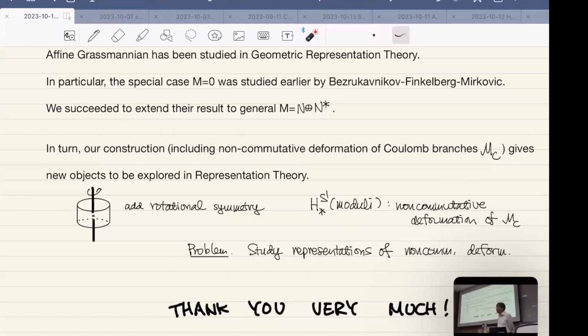So it seems that we really get interesting algebras, sometimes non-commutative algebras, and sometimes maybe new algebras will be obtained by this construction. So I think this is an interesting direction.